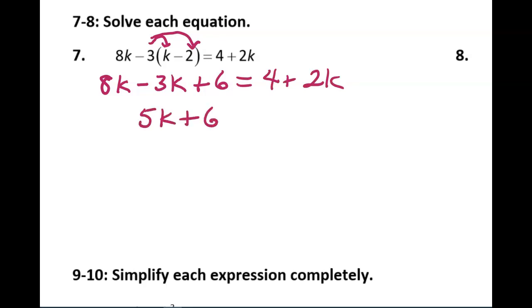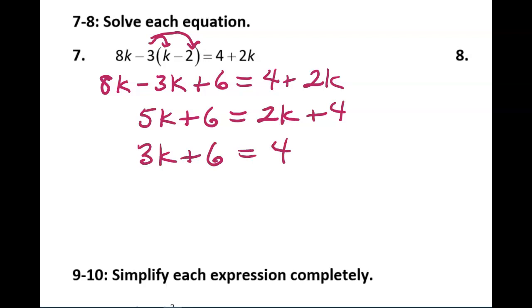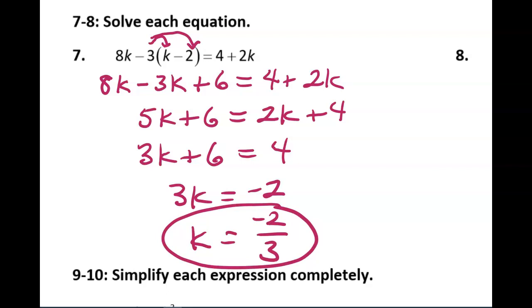Left side, simplify. Right side, simplify. You can change the order if you like. And then we need to subtract 2k from both sides. And subtract 6, and that gives us negative 2. And then dividing by 3, k is negative 2/3.